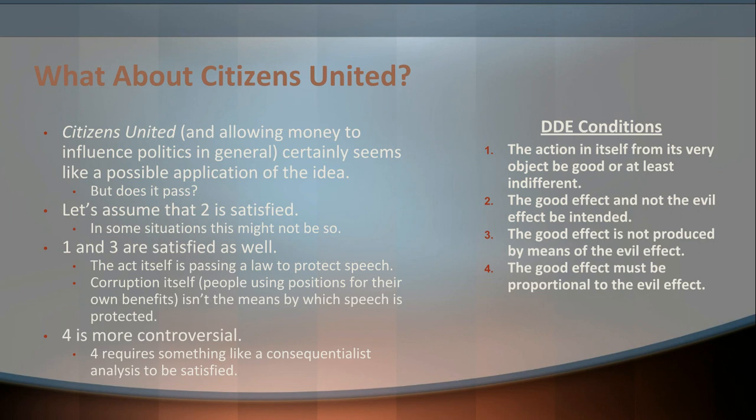But this action on its own has 2 different results. It is at least an attempt to preserve free speech, and it allows for more money in politics, which allows for more corruption. So it's something that has 2 different sorts of results, and it seems like a good candidate for us to apply this concept and see how well it might work.